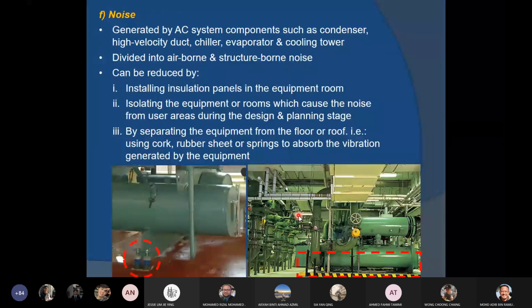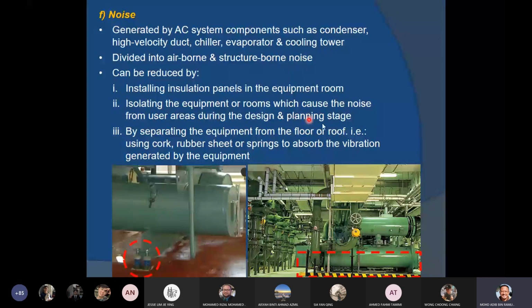Noise, what you can do, and I think this is more for mechanical. What you can do as an architect is the second one, isolating the equipment which causes noise from the user area during the design and planning stage.